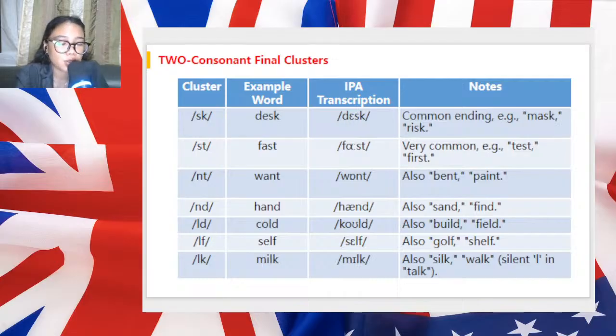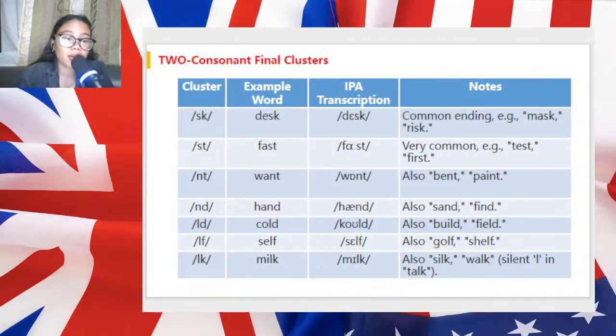But as you observe it used in different words, you will be able to remove that added vowel sound between these consonant letters. You didn't say sk, sk, but disk.